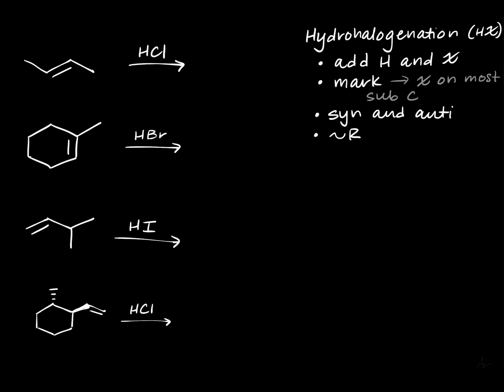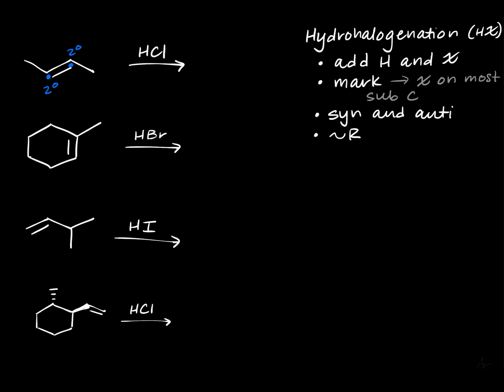Again, I have these 2 carbons. This leftmost carbon has 2 carbons attached to it. So this one's secondary. This rightmost carbon has 2 carbons attached to it. It is also secondary. Because both of those carbons are secondary carbons, it's not going to matter where I put the hydrogen or the chlorine. In fact, I'll get the same product.